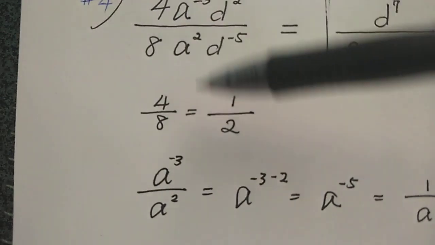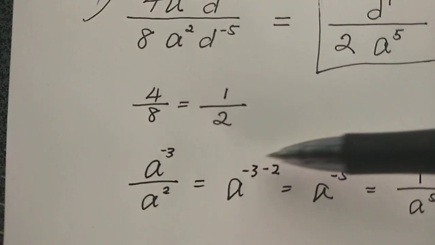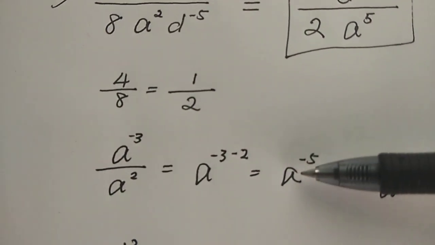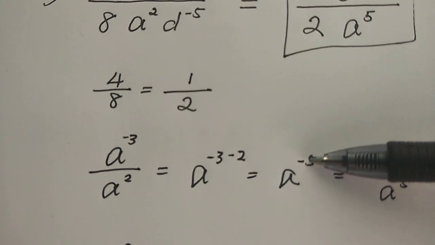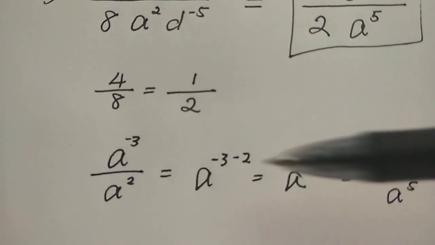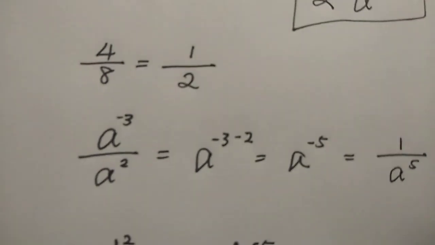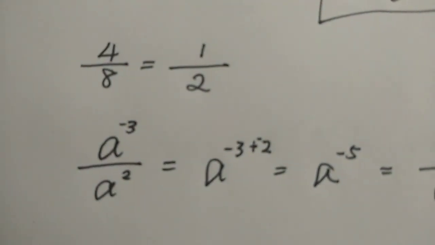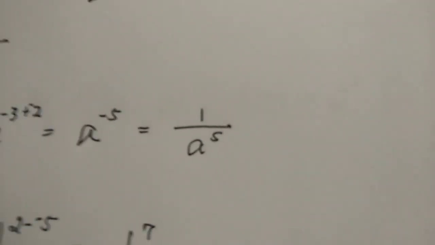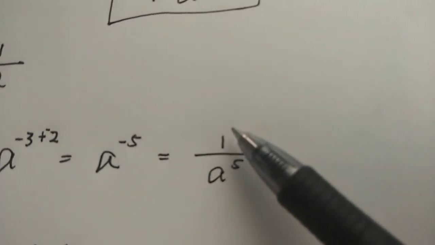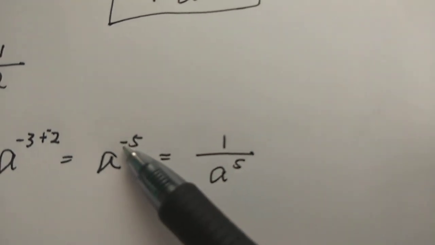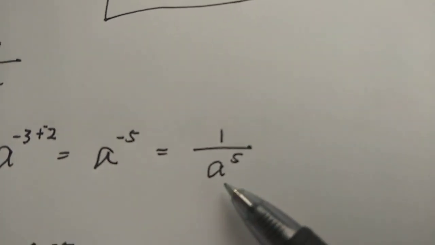So you take negative 3 minus 2, and that will give you a to the negative 5, because negative 3 minus 2 is the same as negative 3 plus a negative 2. And that will give you 1 over a to the 5th, because that's what this negative does. It means it's actually in the denominator.